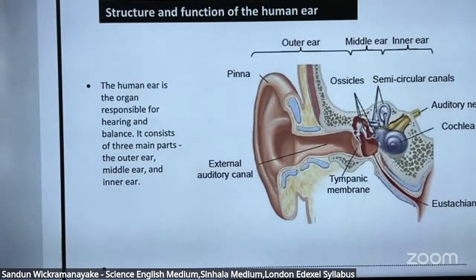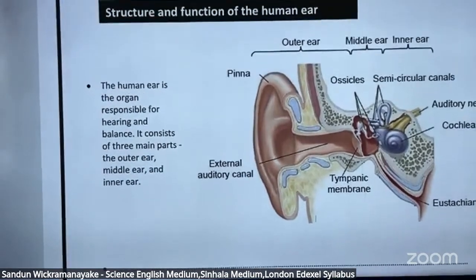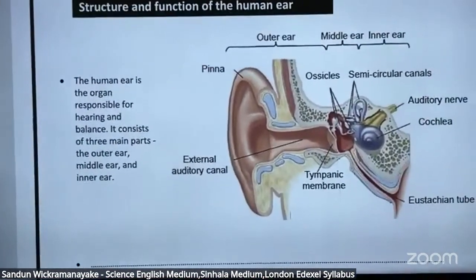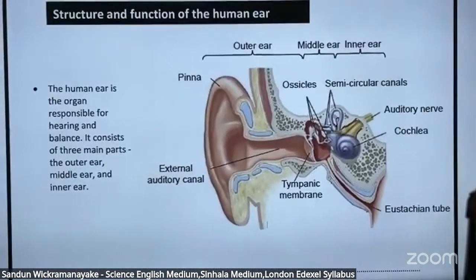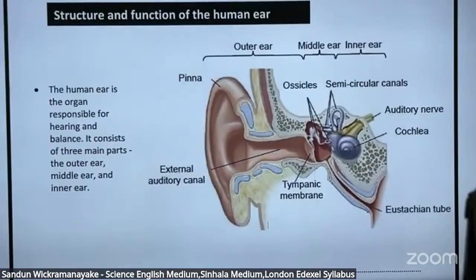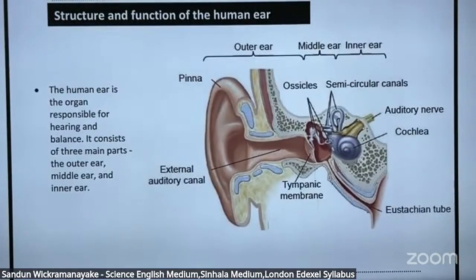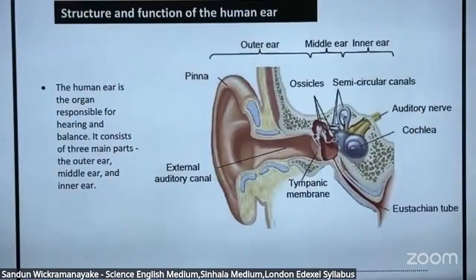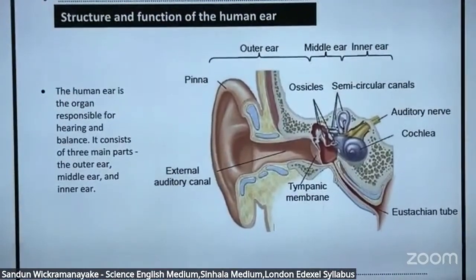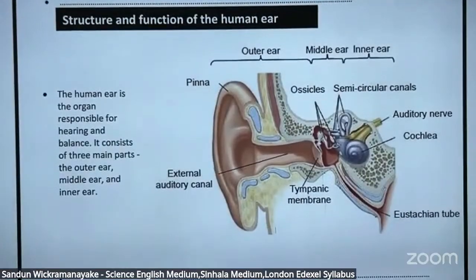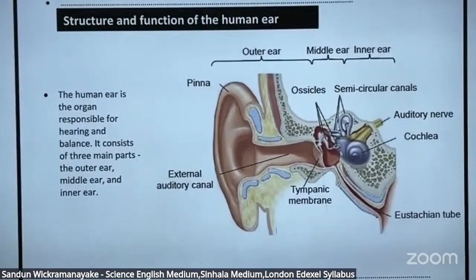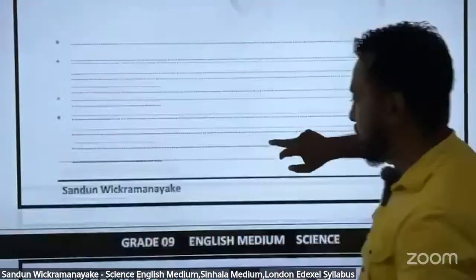Yes, the ear is the shortest part of this lesson, but the eye is the long part of this lesson. So we need to learn that one a little bit quickly, because that's the long part of this lesson.